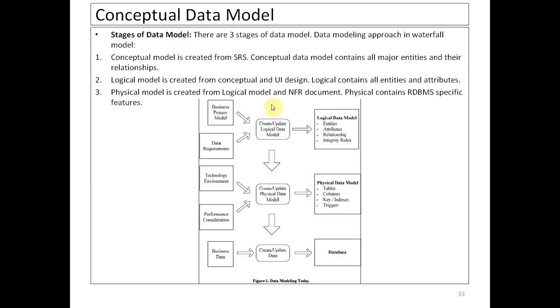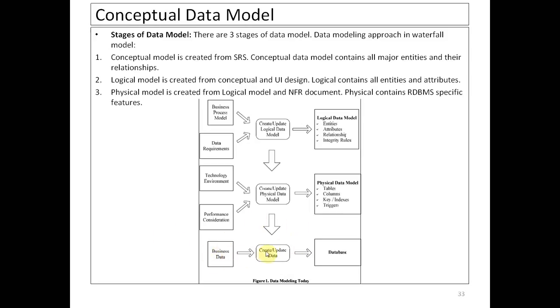From the logical data model, we will create a physical data model which will have technology specific inputs and the NFR document, that is the performance considerations which are defined in the contract to be realized using this particular physical data model, and the output would be tables, columns, keys, indexes, triggers, procedures, and other things.